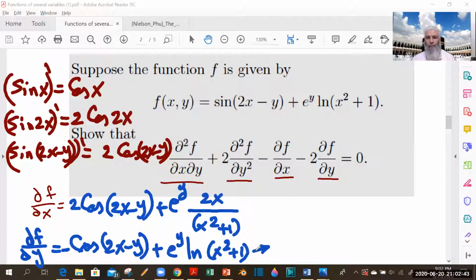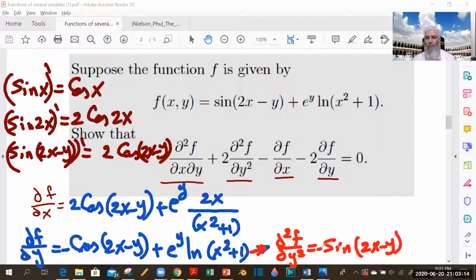The derivative of cosine is negative sine, and negative multiplied by negative is positive: sine(2x minus y), and the derivative of the inner bracket is negative 1, again negative.